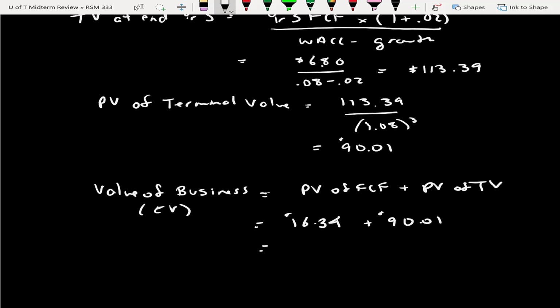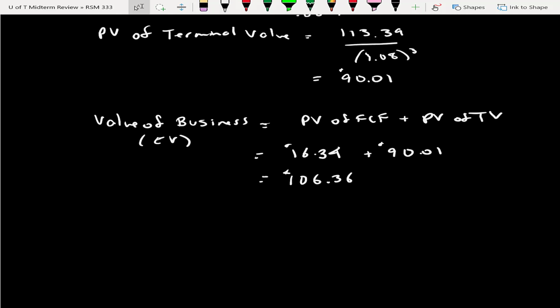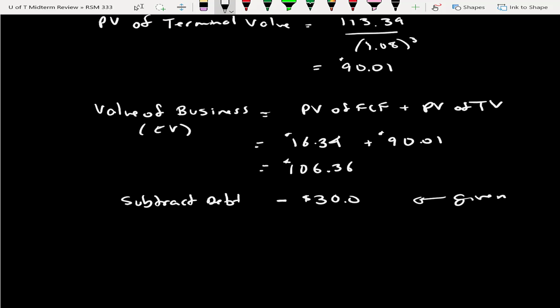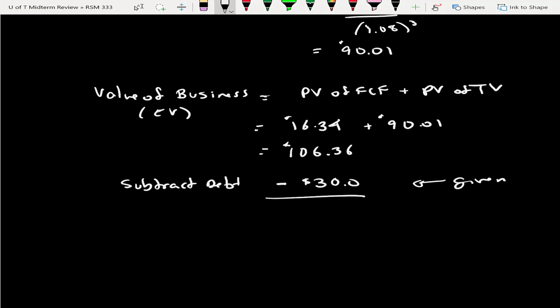So we get a total of 106.36 million. And then we're going to take off debt. Okay, so we're going to take off $30 million. And just as reference, this is given in the question. We didn't calculate this. So if we take that, we get the value of the equity.